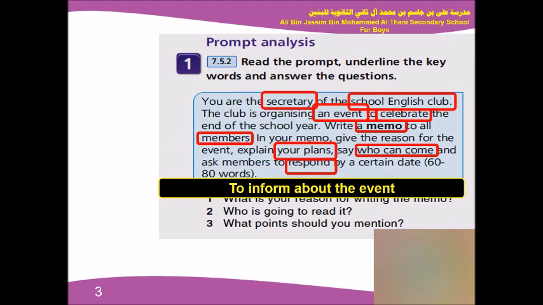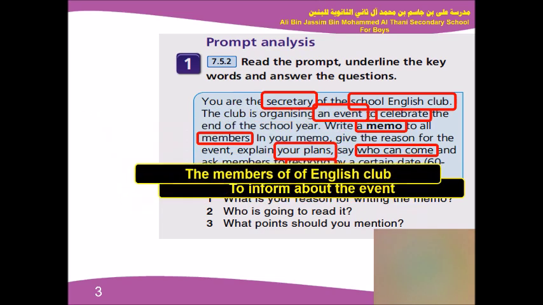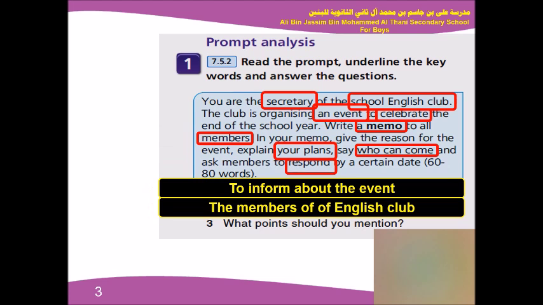As for the first question, what is the reason for writing? To inform about the event. The second question is, who is going to read it? The members of the English club.